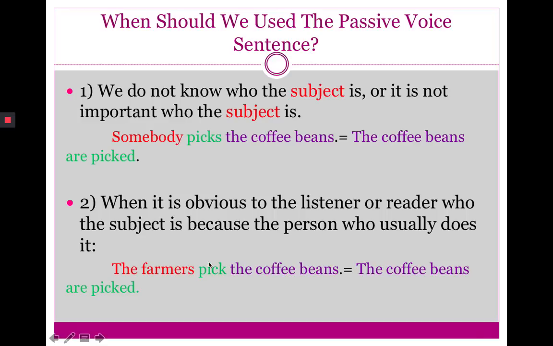For example, coffee beans: everyone knows somebody must have done it, and most of the time the farmers must have done it. So it's understood. That's why you do not need to mention who performed it anymore. You just go straight into the coffee beans are picked. So those are the two reasons why we use passive voice sentences.